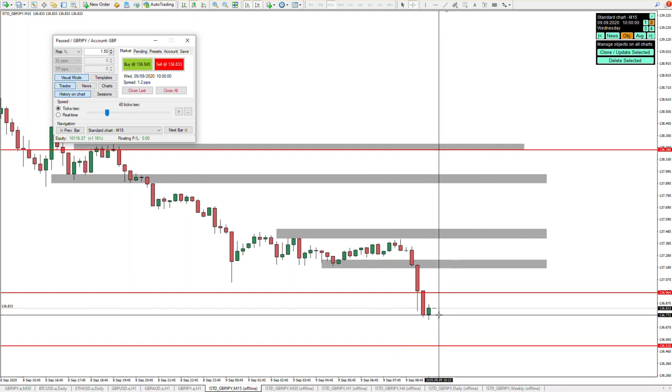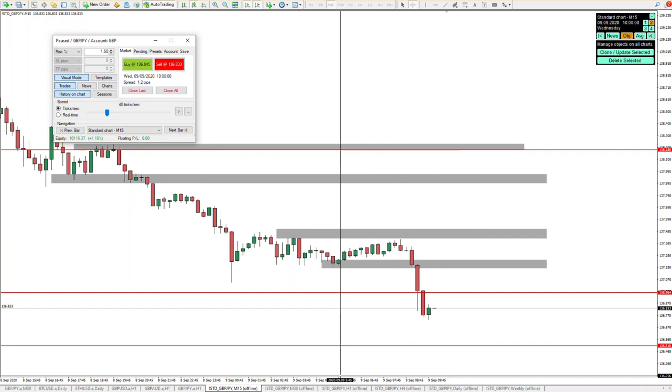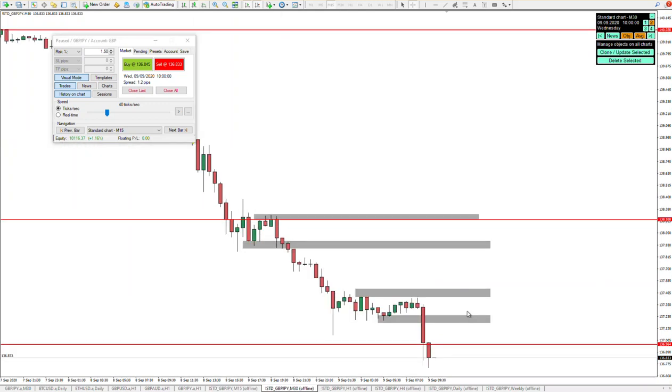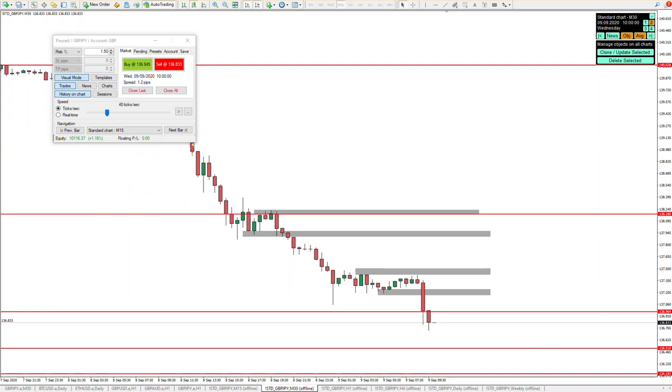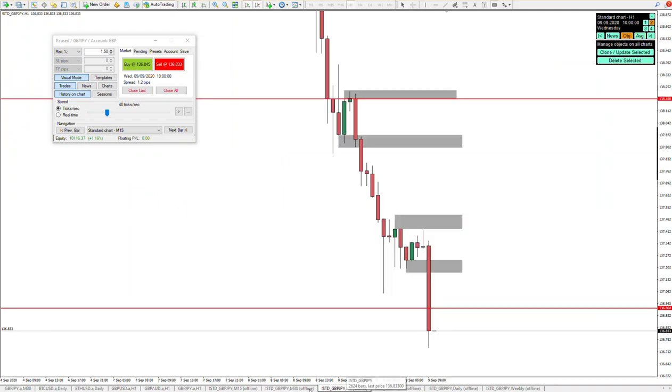M15 started to form a support here, but M30 is bearish. H1 is bearish.